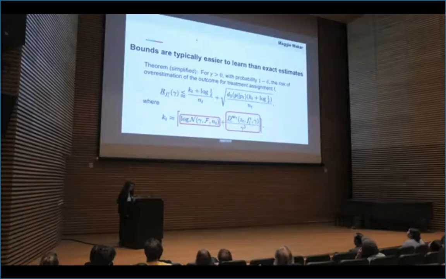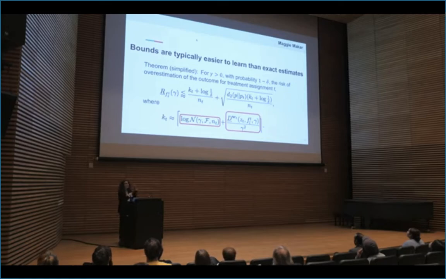Now, I'm going to very quickly flash a simplified version of our theorem. Don't get scared, just stick with me. What this is saying is basically that the risk of overestimation depends on this k term. And you'll notice that this k term takes as a function gamma. Gamma is related to the confidence with which we want our bounds to correctly cover the data.